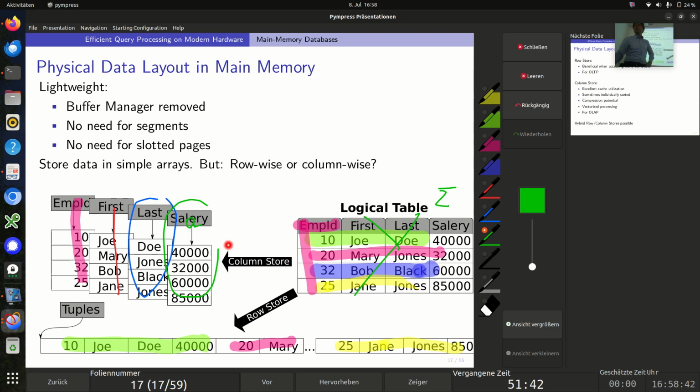You remember the memory hierarchy: we have the registers at the top, then L1 to last level cache, so L3 cache, then main memory, and then the hard disk or the solid state disk.